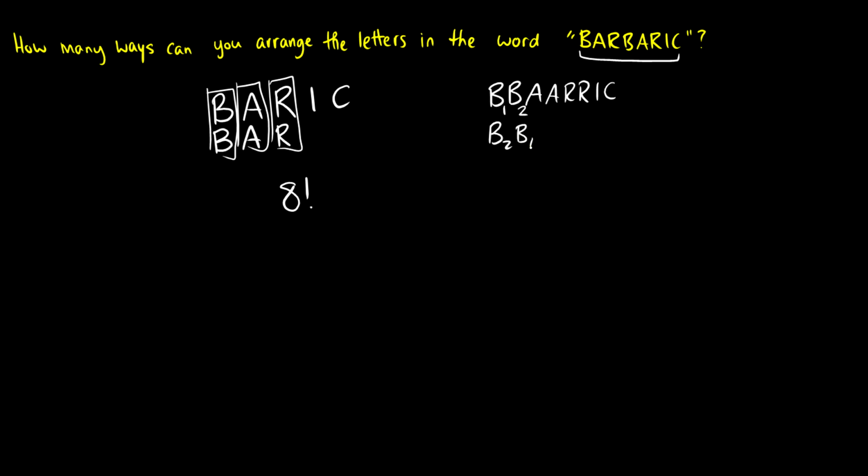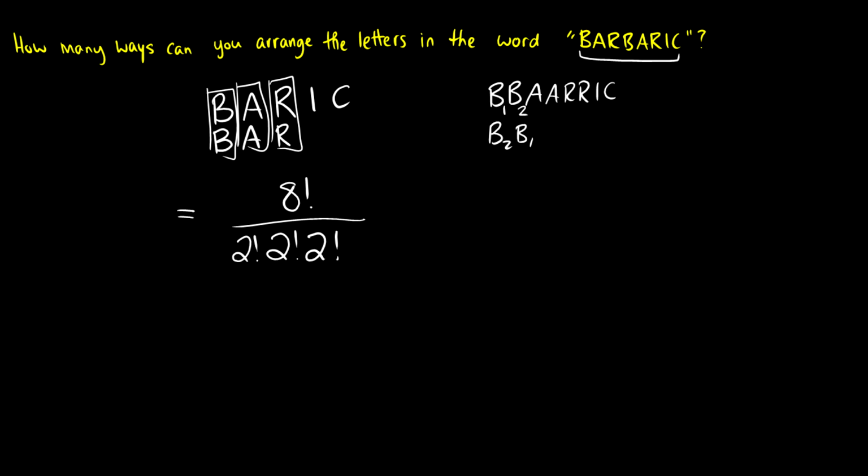So we're counting every pair of B's twice. So we have to divide by 2 factorial for the B's. There's also going to be situations where we're counting the A's twice, so we divide by 2 factorial for the A's, and we divide by 2 factorial for the R's. So we get our final answer here of 8 factorial over 2 factorial times 2 factorial times 2 factorial.